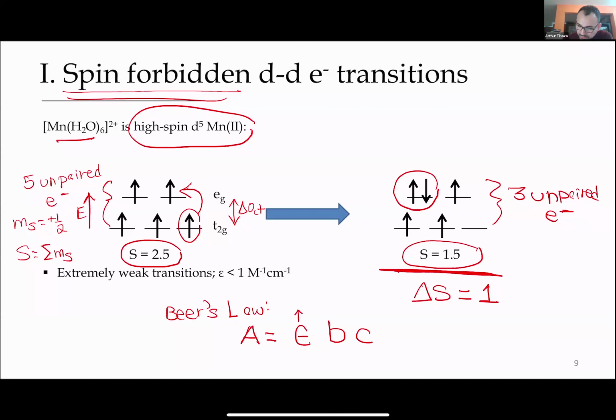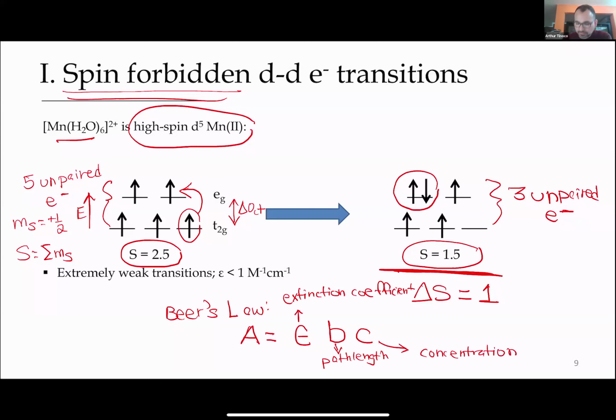All right, so it turns out that the extinction coefficient is the measure of intensity. So this here is the path length, and this one is your concentration.